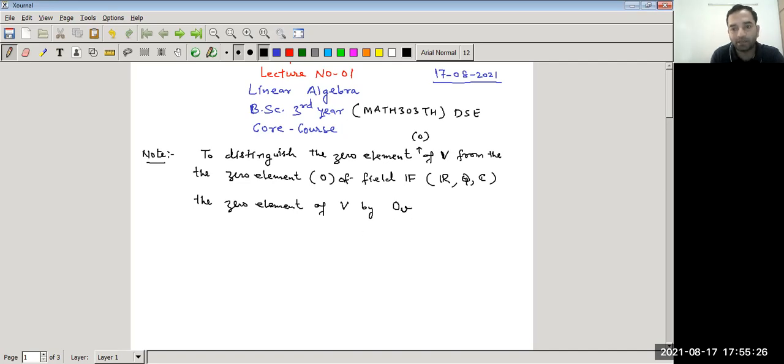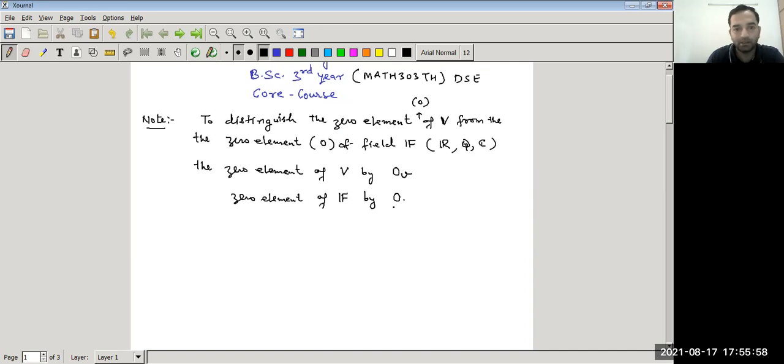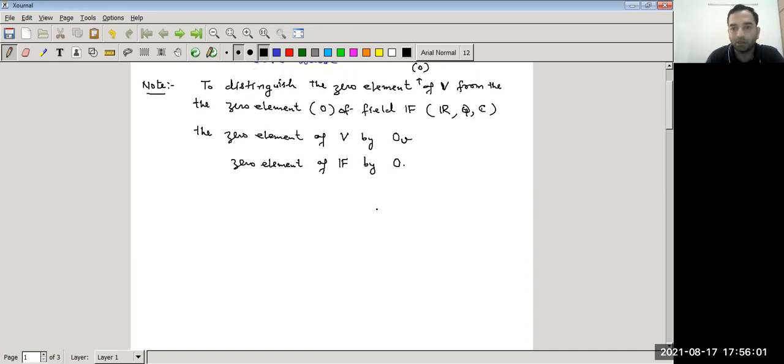This 0V represents the zero vector of V, and the zero element of field, that is real number or rational number or complex number, we denote by simple 0. So it will help you to distinguish between the zero element of vector and zero element of field. We will use these notations in the whole series.